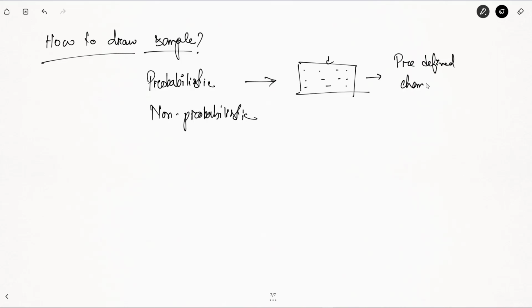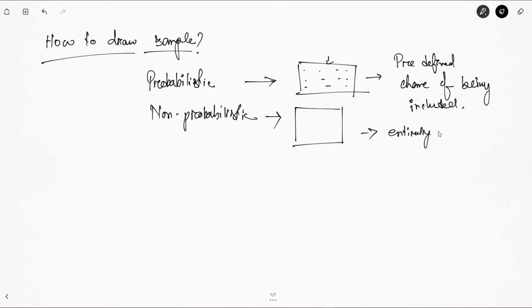And under the non-probabilistic method, it is entirely up to the enumerator. The enumerator decides which item or which member of the population should be selected or which should be avoided.